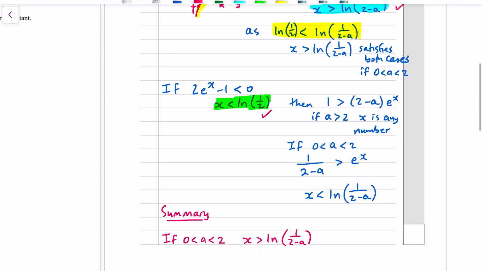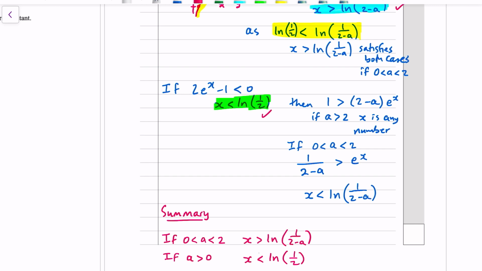And that's only if a is between 0 and 2. Whereas if a is greater than 0, any positive number, then x is less than log 1/2. And that's because that second case had it worked for both greater than 2 and between 0 and 2, and it came to the same original condition being the solution to the problem.